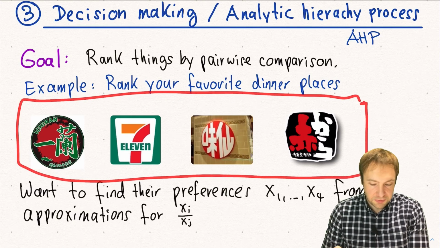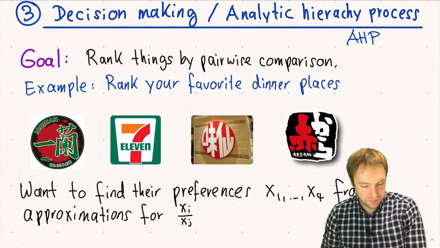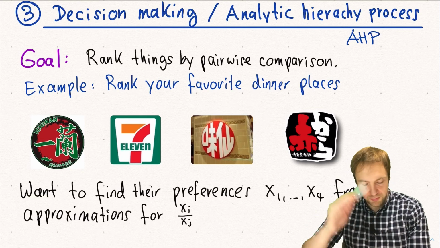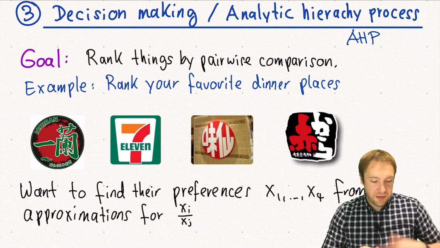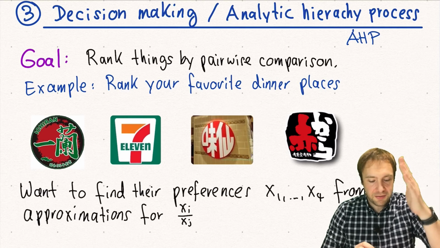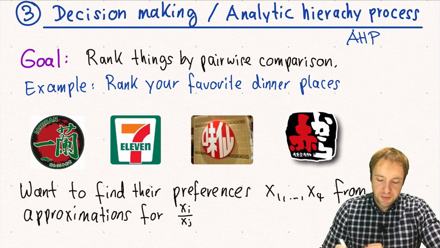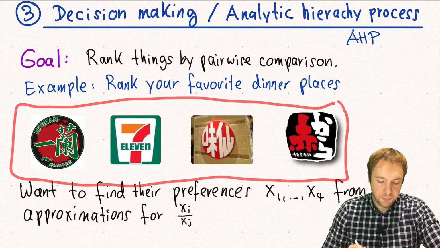So what we want to do is, the example I will do here is dinner places in Nagoya. So if I ask you what is the top 5 or the top 4 of your dinner places, then maybe it's hard to say, well, maybe the first place is clear, and then second and third you're not sure. But now what we want to decide is what is the ranking of these 4 places here.